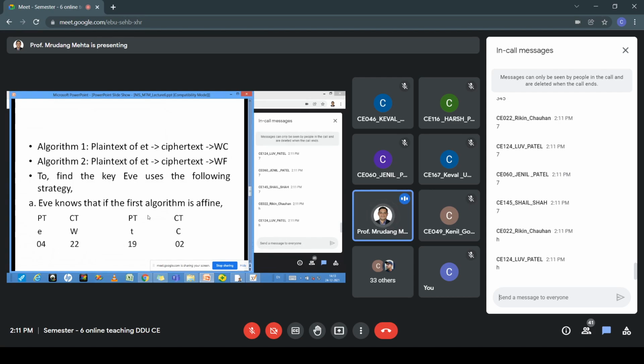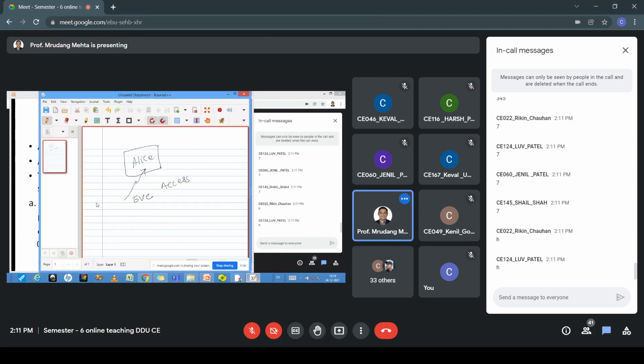In the second algorithm, plaintext ET becomes ciphertext WF. Now, to find the key, Eve uses a strategy: if the first algorithm is affine, then E maps to W and T maps to C.